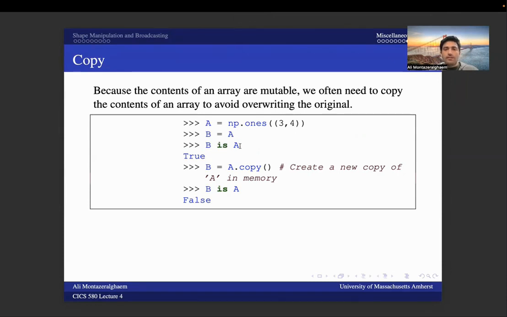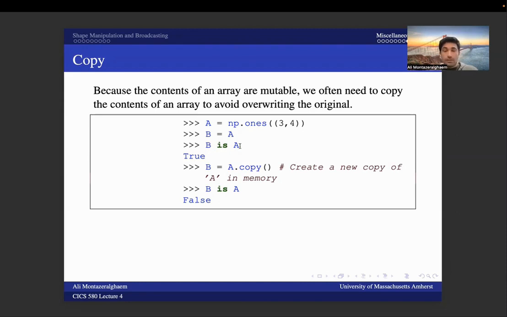So B is equal to A in this case. So if we change the elements in A, the elements that we have in B can also change. So maybe we don't want to do that, because we want to change the value in A, but without changing the value in B.